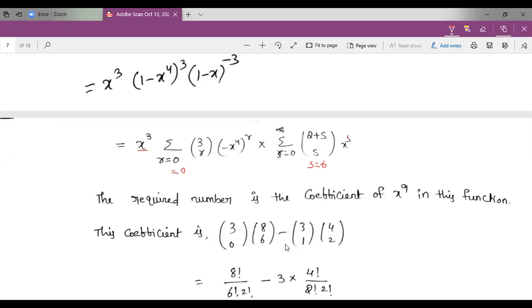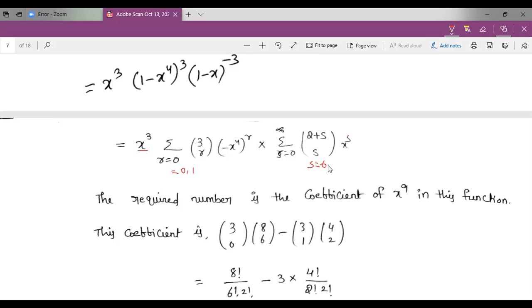Okay. Minus, next case r is equal to 1. R is equal to 1 means 3C1 minus x power 4. So that value minus, and x cube into x power 4, x power 7, and remaining x power 2.